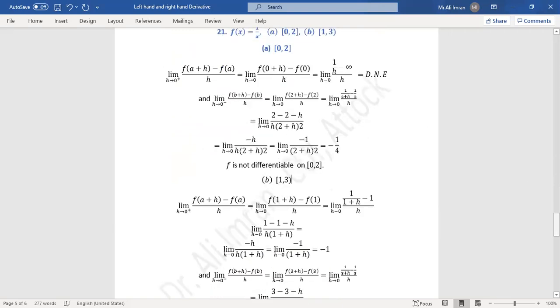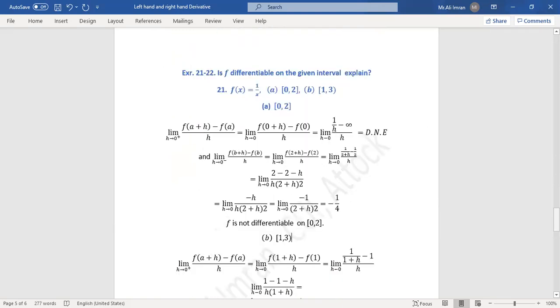Now we will do some questions using the left hand and right hand limit. Exercise 21 to 22: is f differentiable on the given interval? Explain. This will be done with the help of the right hand and left hand derivative limit definition. Question number 21, 1 divided by x.